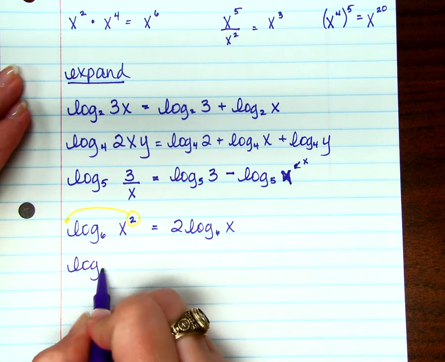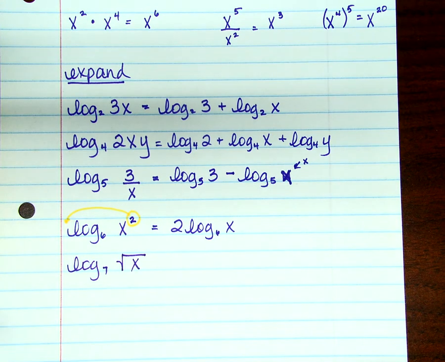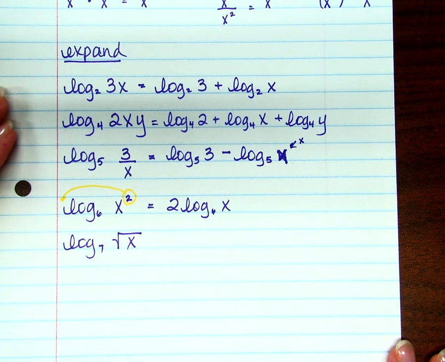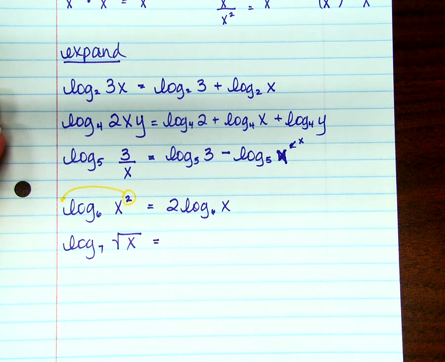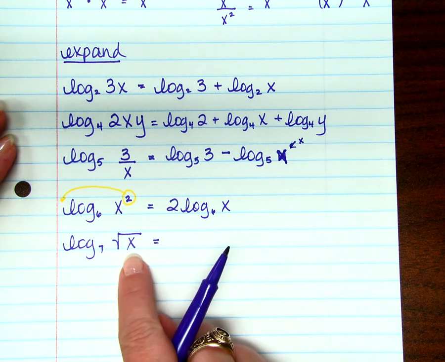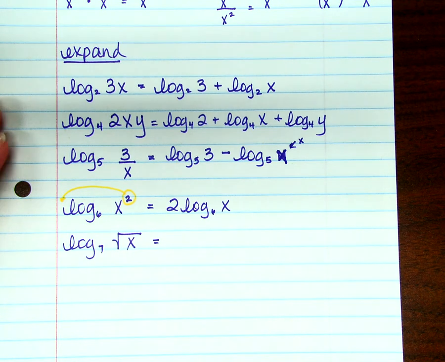Log base 7 of the square root of x. That's a good guess. Log base 7 over x. Wouldn't it be easier if I rewrote this in exponential form? What is the square root of x written in exponential form?